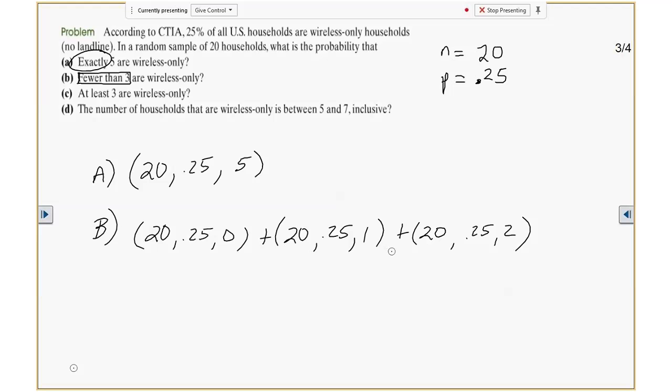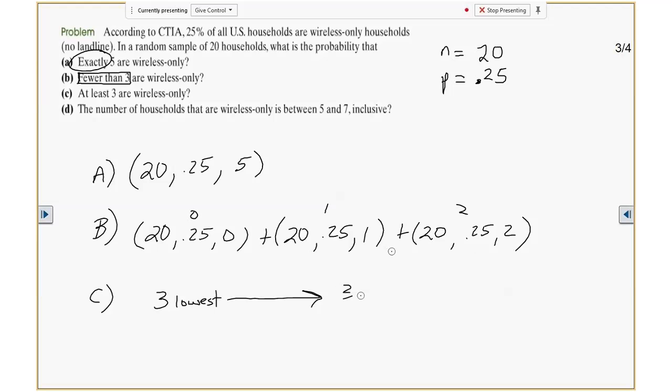Now C says at least 3. Well, at least 3 means that 3 is the lowest number, and then you go to the right. So we could calculate that, or we could start from the C, O, M, P. Complement. Use the complement. Because this is 0, 1, and 2. What is this?